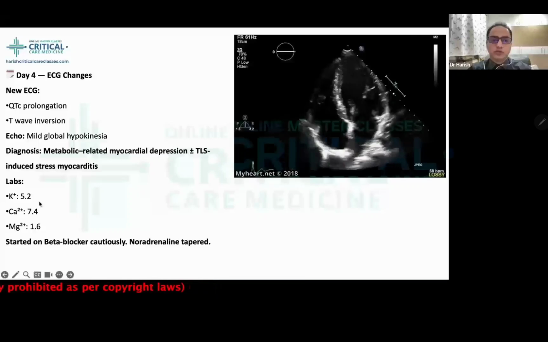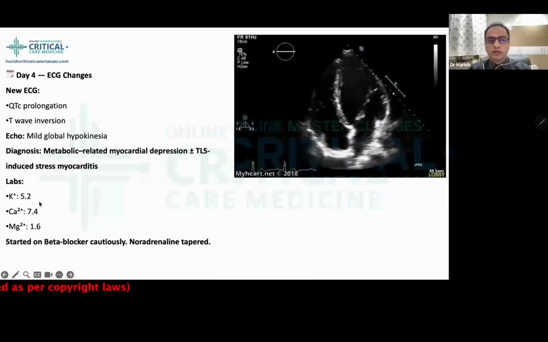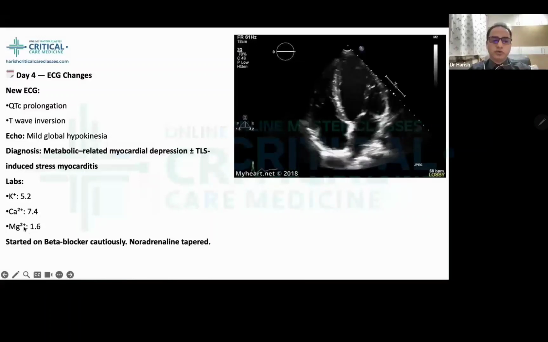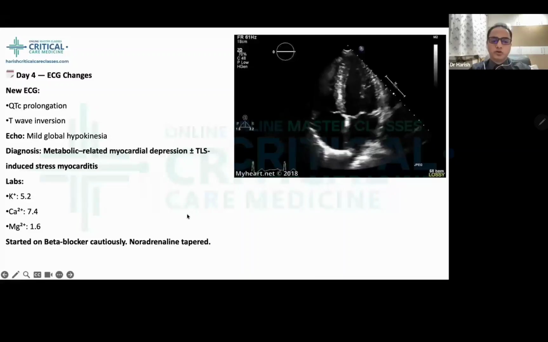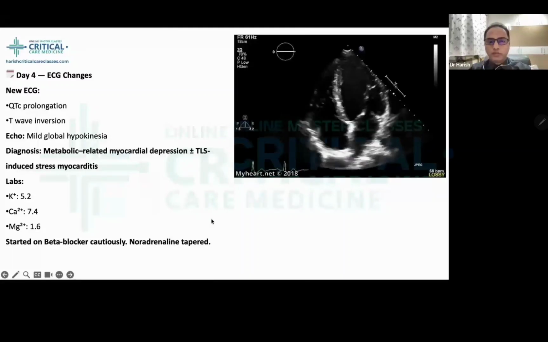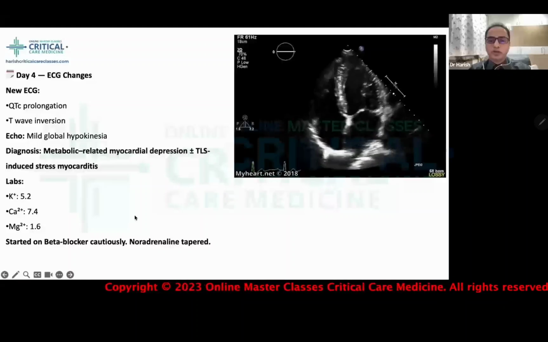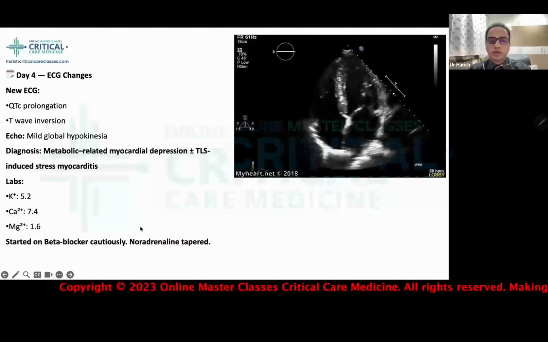So here on day 4, with all the therapy and dialysis, potassium is trending down, it is 5.2, calcium is improving at 7.4, magnesium 1.4. So it has been started on a beta blocker cautiously with slow tapering of the norepinephrine. Basically that is one of the therapies for stress-induced myocarditis. If it is not purely cytokine-induced global hypokinesia, we can go for beta blockers.